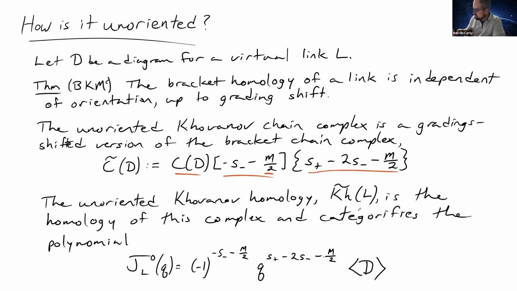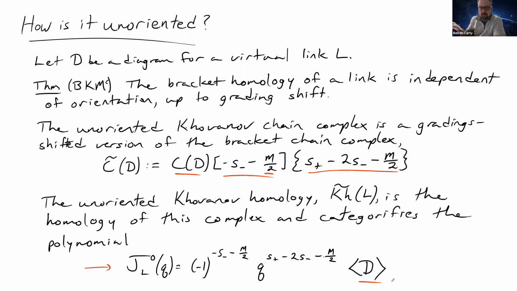The graded Euler characteristic of that complex, of that homology theory, is one possible candidate, one possible definition for an unoriented Jones polynomial, which we call JL0. It's not what we ultimately defined as the unoriented Jones polynomial, but it is a polynomial that looks a lot like a Jones polynomial.